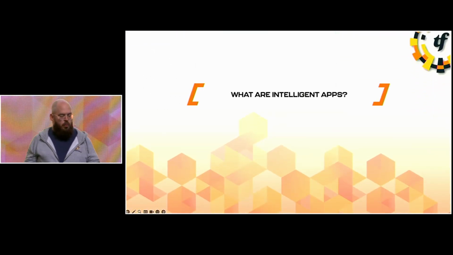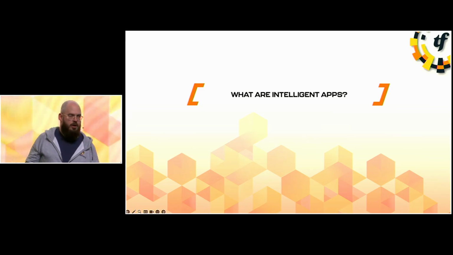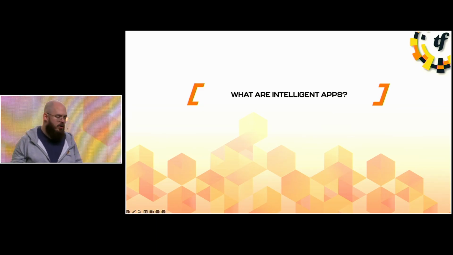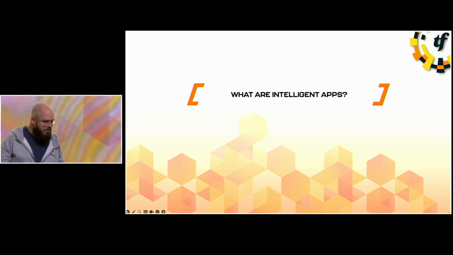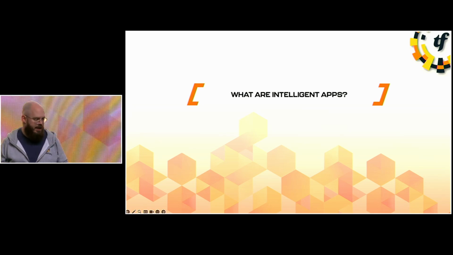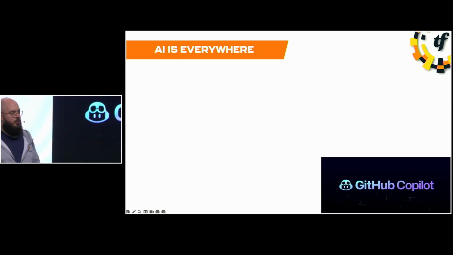So what are intelligent applications, right? We all know that by now we are in the new era of IT, in the new era of computing, where everything is AI. Lots of things are happening there, a lot of news, everything is going really, really fast. So for me, it started out with GitHub Copilot.